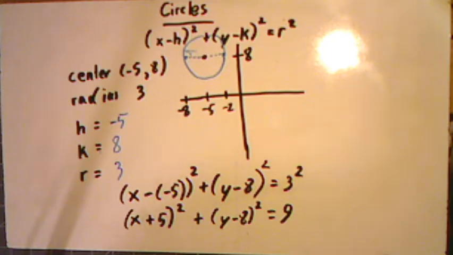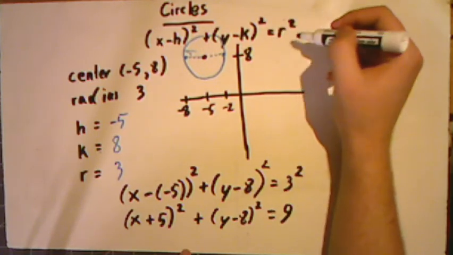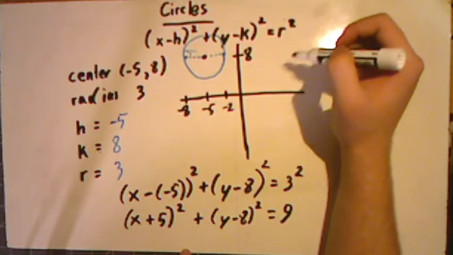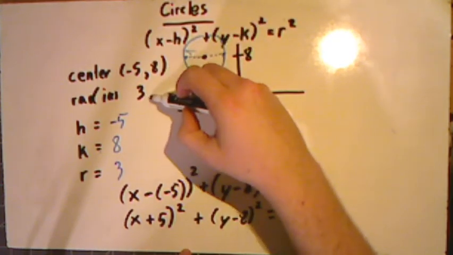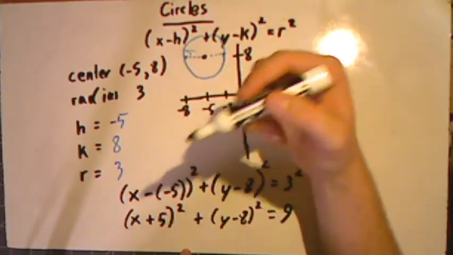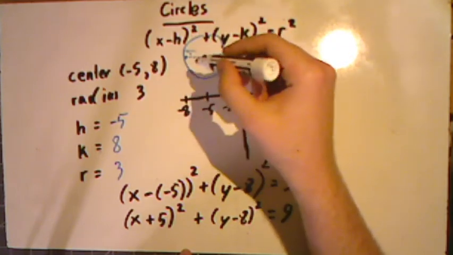Now, this is just the start of our circles. We're going to start looking into them a little bit more in depth. But for now, just to understand that our formula is as follows, that whenever plugging in for these, you need to have a center point and you need to have a radius. You may be asked in different ways to find this center point.